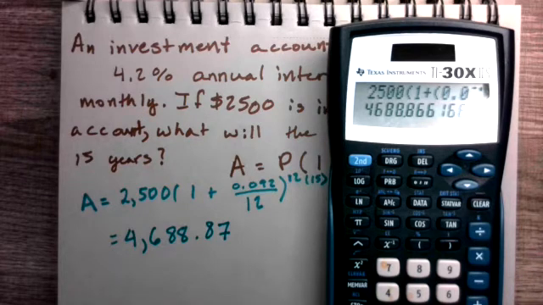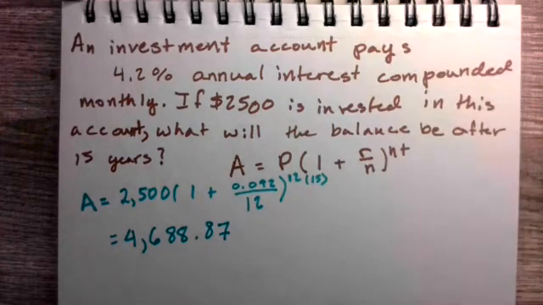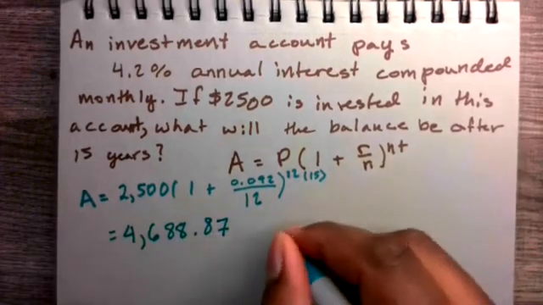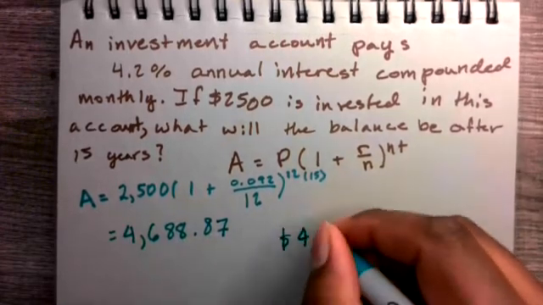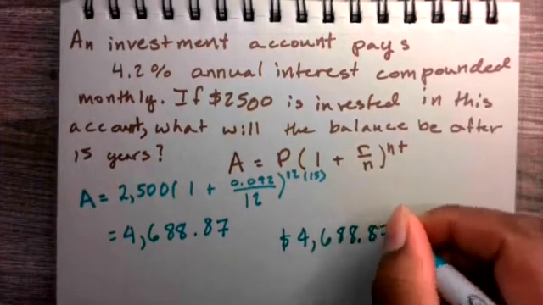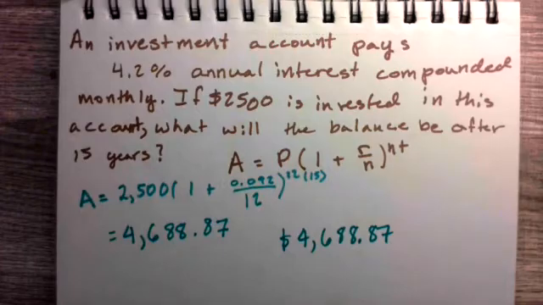All right. Cool. And that's the answer. I'll just put it over here, 4,688.87. Okay. And that's how you do compound interest problems.